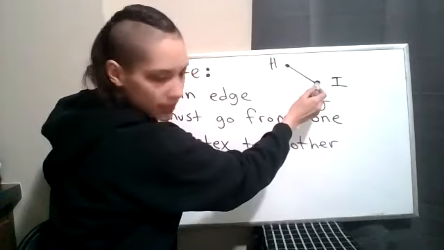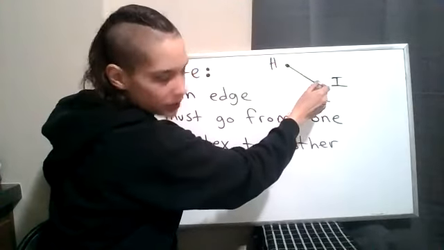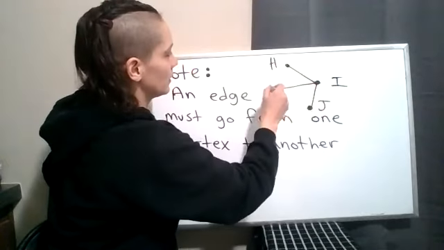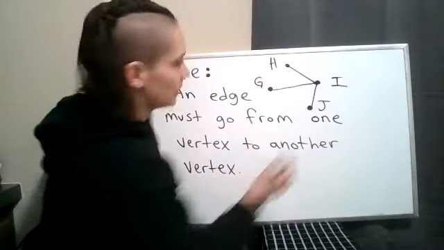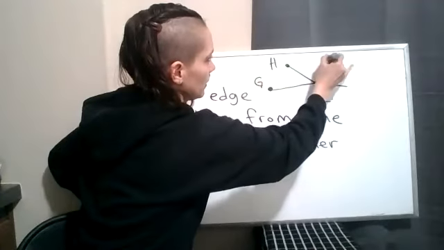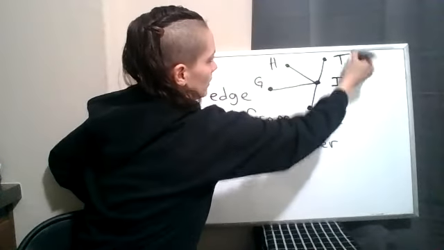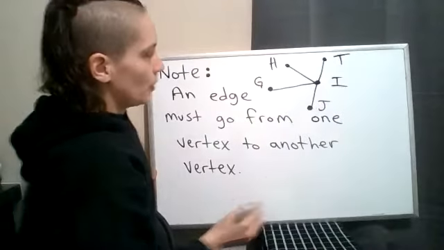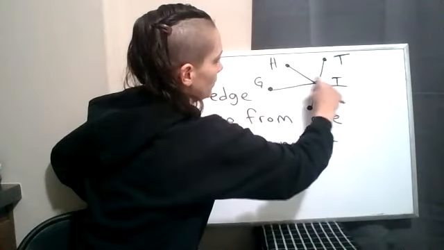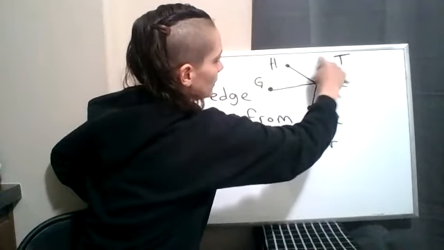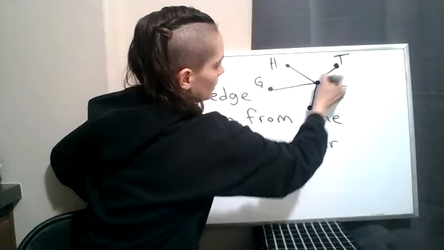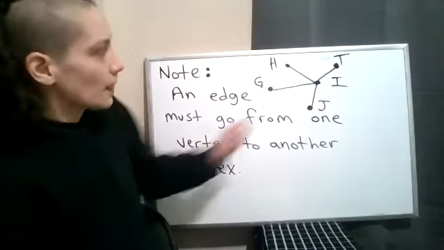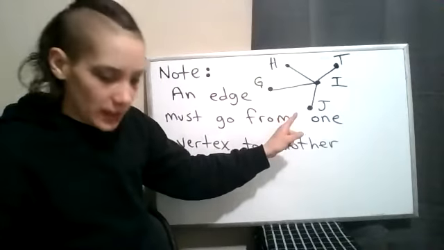We still need I to G, which we could put over here, and then we could put T up here. Or maybe more like a star. So this is the same graph as graph number 3.